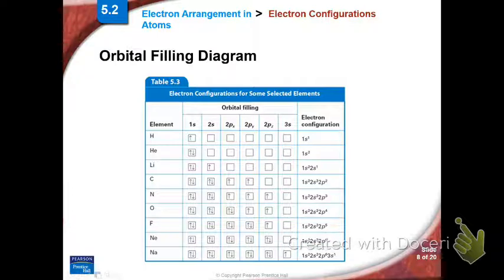So 1s2, 2s2, 2p4 is the electron configuration of oxygen. What do you notice about all these superscripts? What happens if we add them up? 2 plus 2 plus 4 is 8. That should equal our atomic number, and that's going to be a great double check for us.